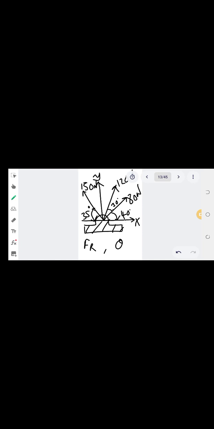We do have the 150 newtons pointing in the west north direction. So we do have the 120, it is between the east and the north. The 80 is between north and east again.